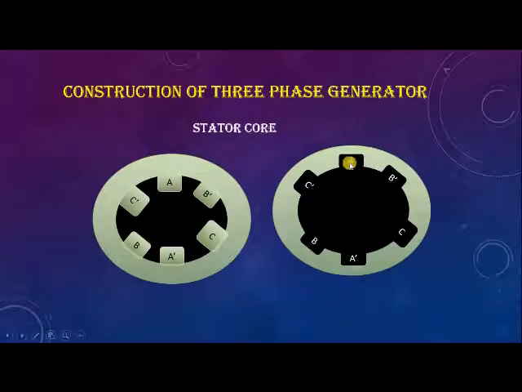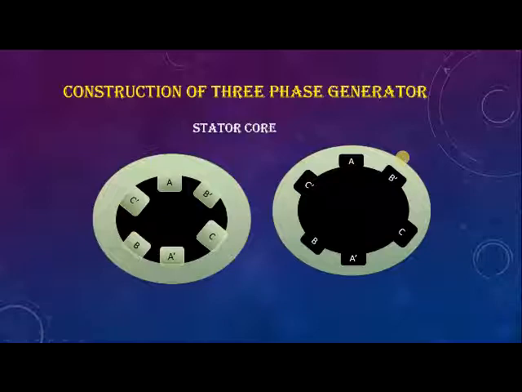Here also the slots are named. There are 6 slots. A and A dash are opposite to each other, where we will be placing the A phase winding. And if you move 120 degrees in the anti-clockwise direction, we can find the B slot. B and B dash are opposite to each other.